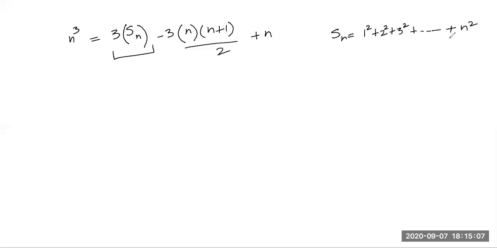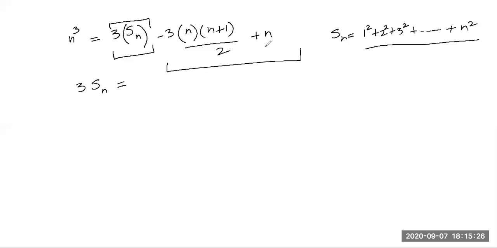Whatever we want to find out, students, always put it on the left hand side. So 3 Sn would be equal to n cube, imagine this is on the right side, and put these two terms on the other side, plus 3.